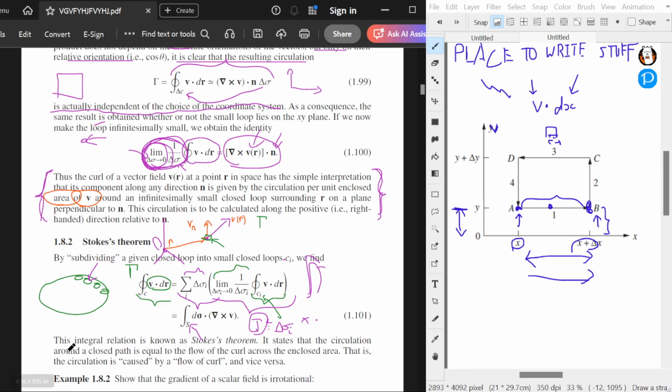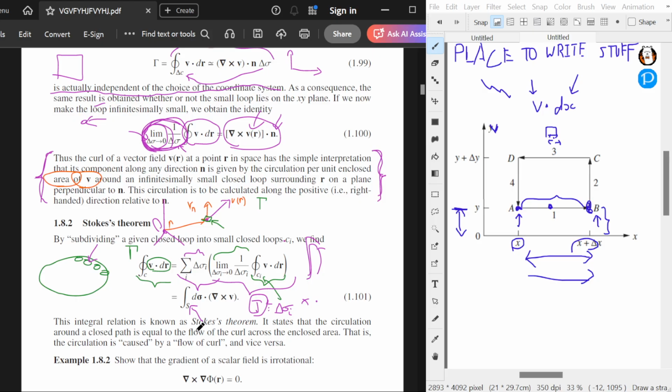It states that the circulation around a closed path is equal to the flow of the curl across the enclosed area. So this is the enclosed area. That is, the circulation is caused by a flow of curl.